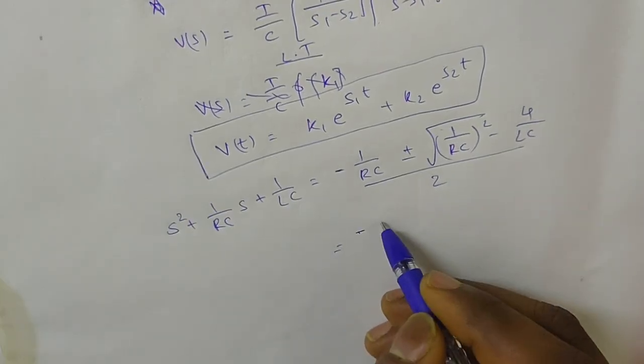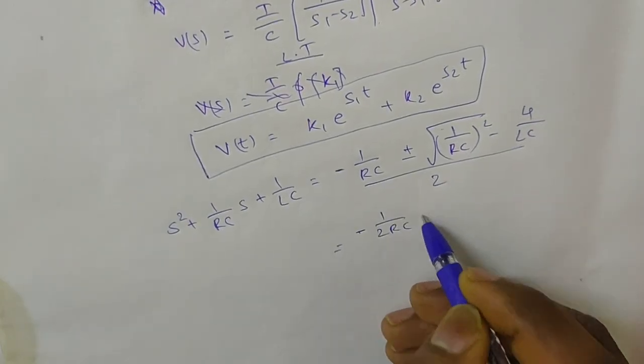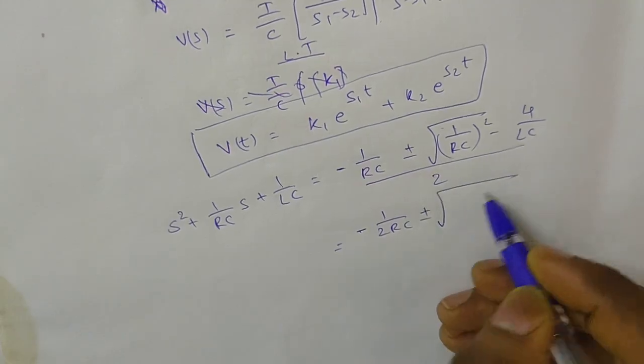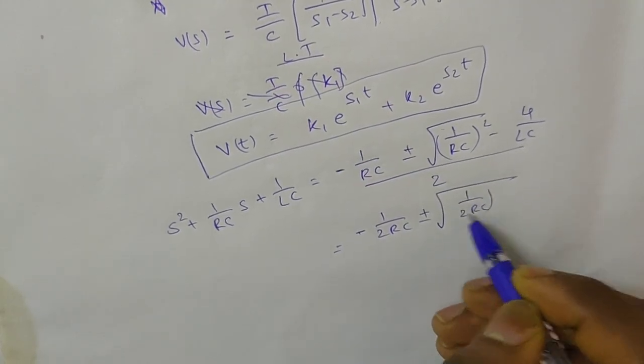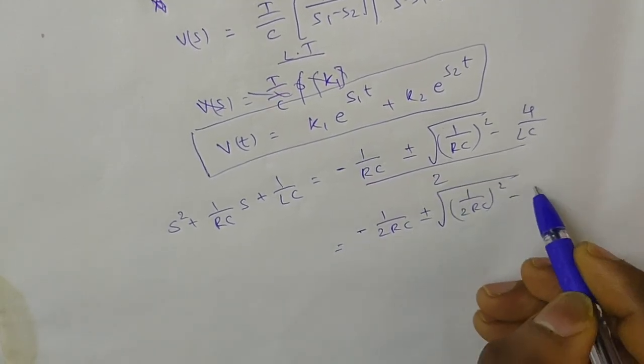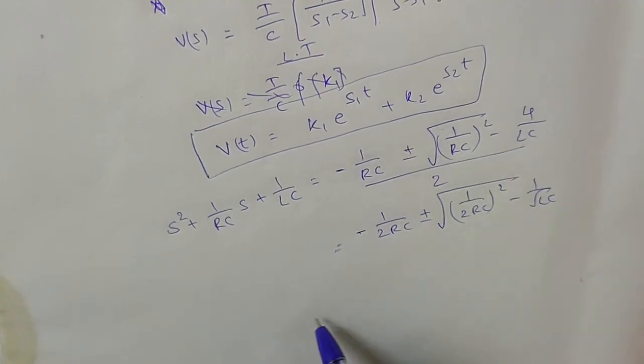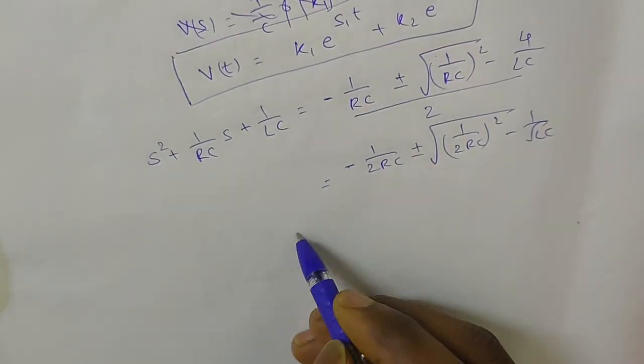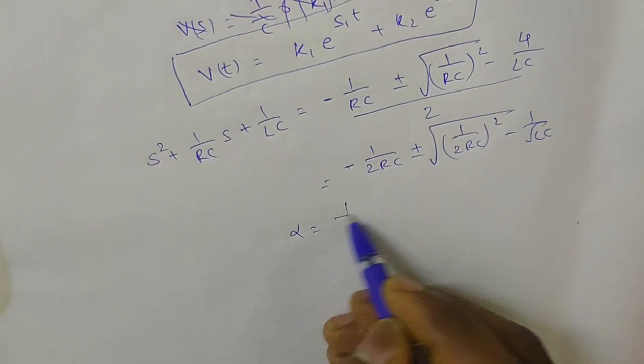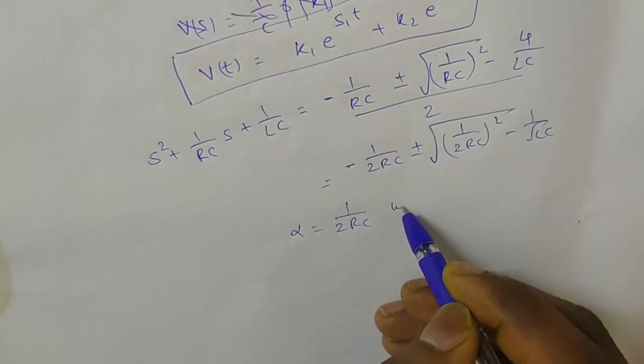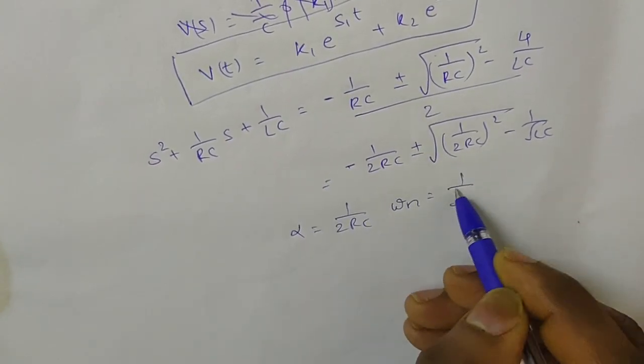So we can write this as 1 by 2RC plus or minus under root of 1 by 2RC whole square minus 1 by LC. Here we consider alpha equal to 1 by 2RC and omega n, as before, equal to 1 by root LC.